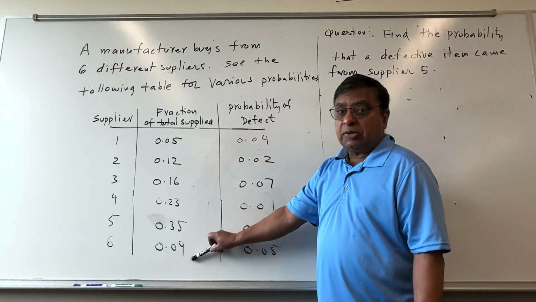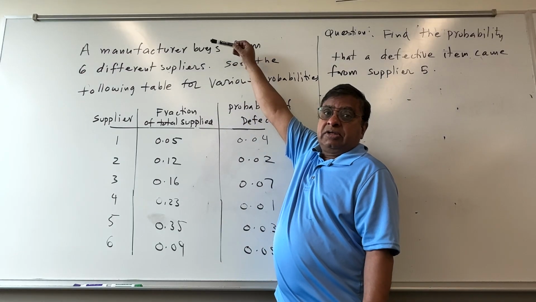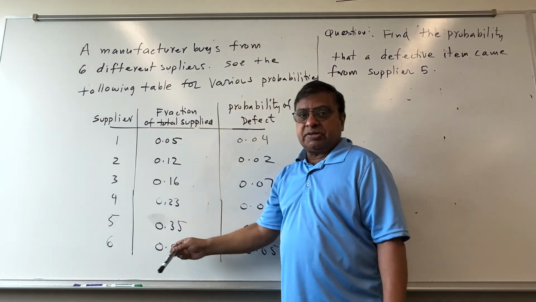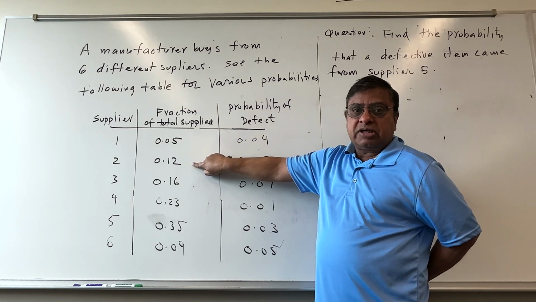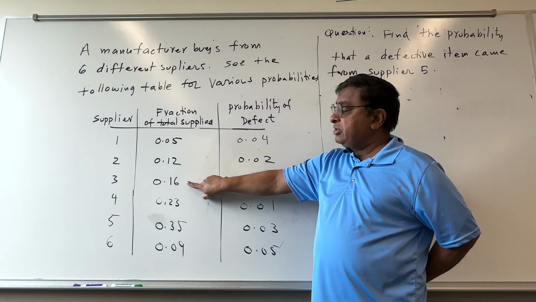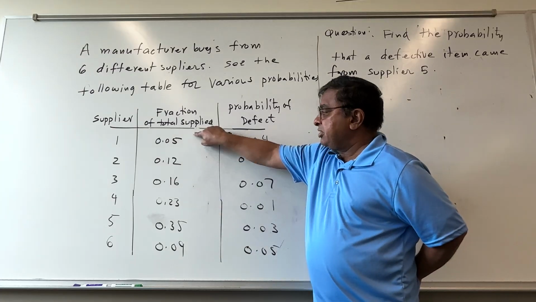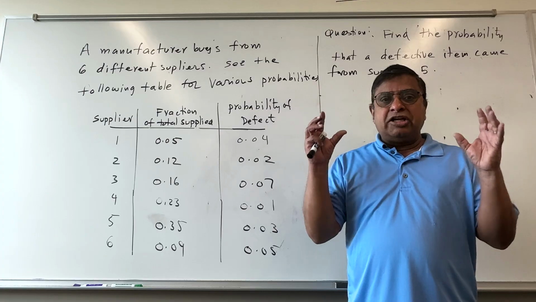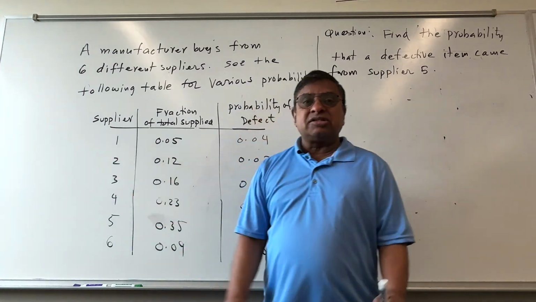Because this is the items received by the manufacturer from various suppliers. It looks like 5% come from supplier 1, 12% comes from supplier 2, 16% of the items comes from supplier 3, and so on and so forth. If you add all these numbers, it's 100%. So that tells us that this manufacturer receives supplies only from these 6 suppliers.